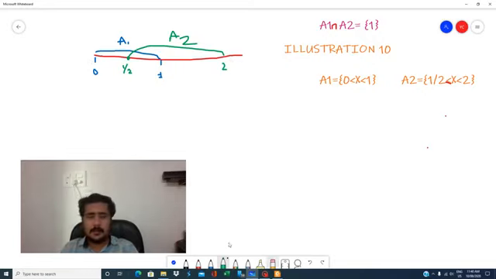When I am talking about union of events, that means you have to consider everything. Everything means from 0 to 2, everything.